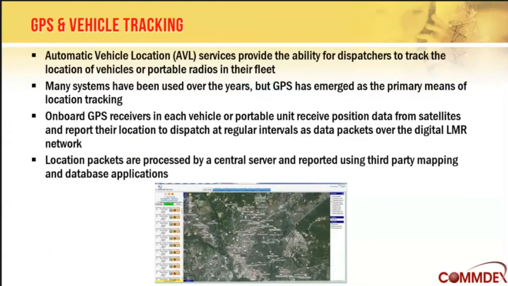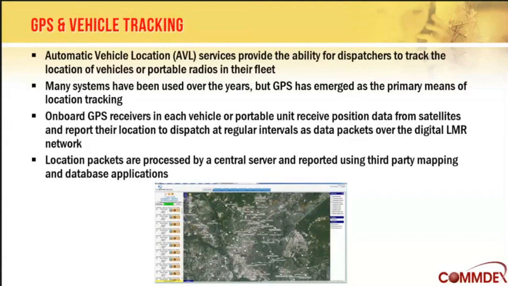The dispatchers want to know where is everyone, what was their last known location, and this is all done without any user intervention. It can be set up to either send a location every time he transmits, or it can do a fixed interval, or it can poll the system on demand where the dispatcher sends a request and everyone sends back their location.